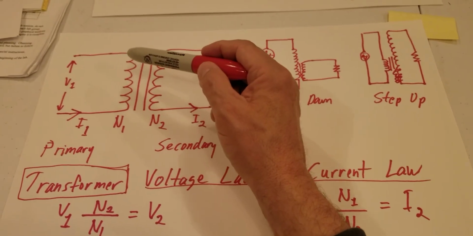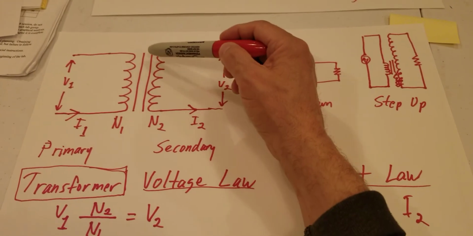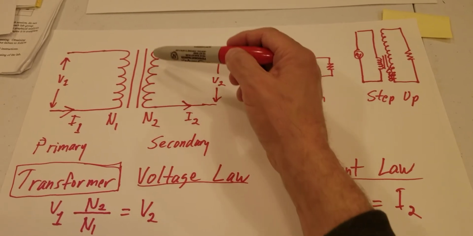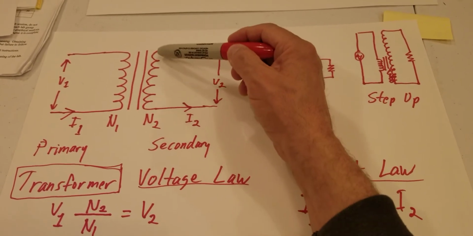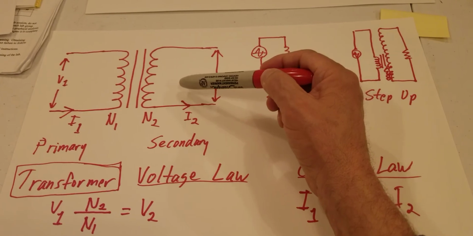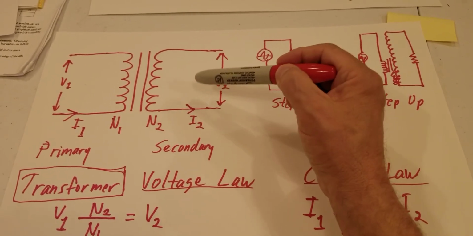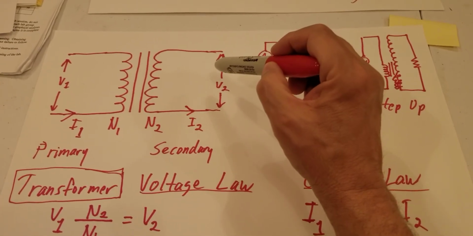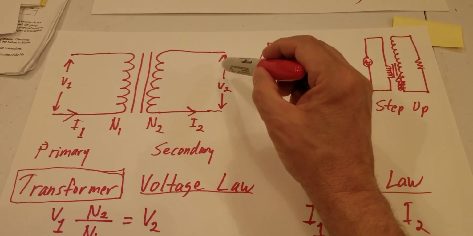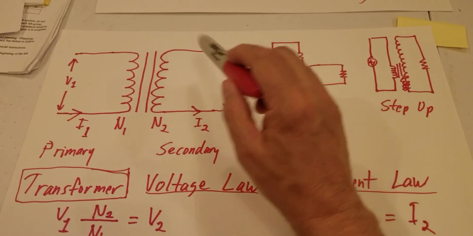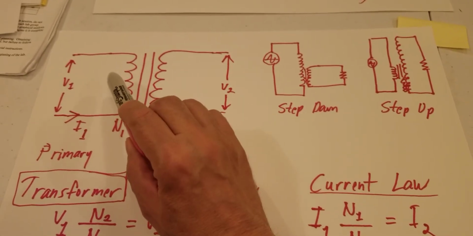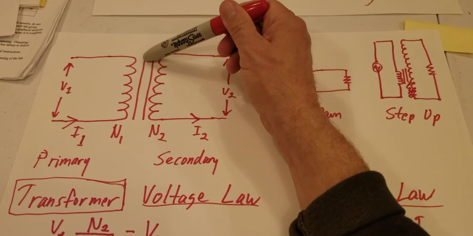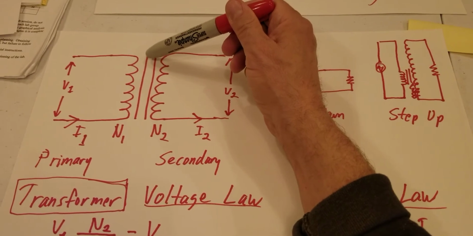That same change in current will also induce that same electric field, which will then create a voltage in this wiring, and if this were to supply current to something, that current's change would be in opposition to this current. So the magnetic field in this core almost stays about the same.